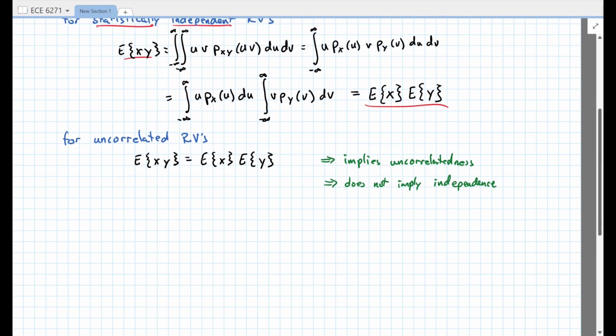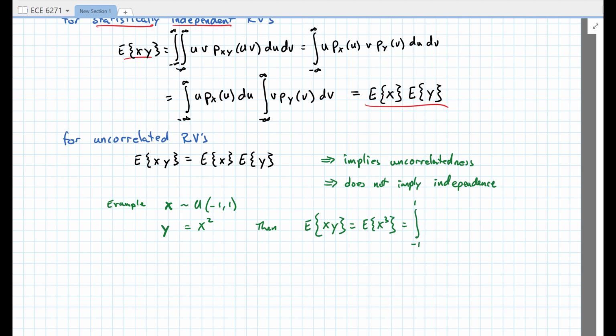So a simple example of that would be if we define x to be a uniform random variable on -1 to 1, and y just plain equals x squared, then the expected value of xy is going to be equal to the expected value of x cubed, and this is uniform, so we're -1 to 1, the height of 1/2, u cubed du.